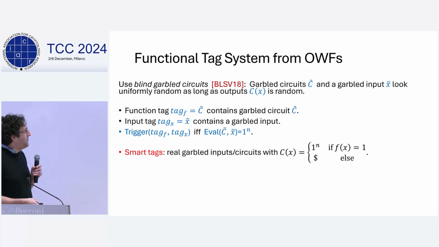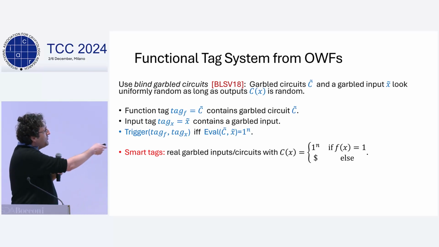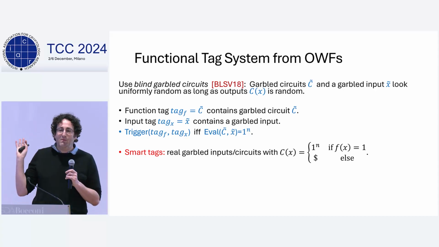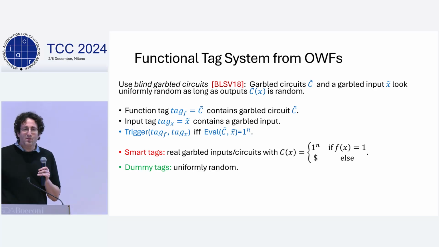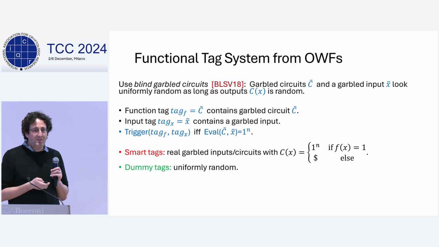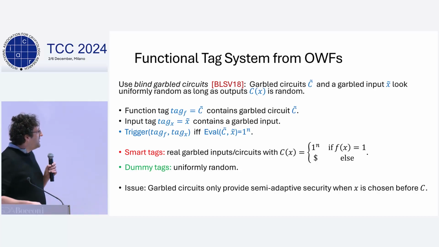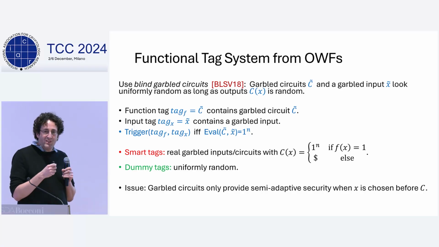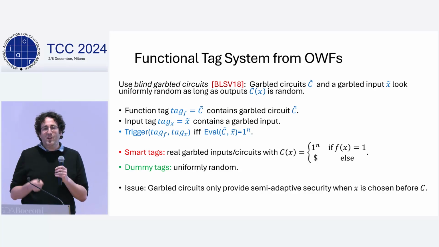Now, the smart tags will be real garbled inputs and garbled circuits, where the circuit outputs 1 to the n if f of x is equal to 1, and otherwise just outputs some random value. And the dummy tags are just going to be uniformly random bits. And so essentially, the blind garbled circuit security ensures that if you only see garbled circuits and garbled inputs for values where f of x is equal to 0, so these circuits output randomness, they just look like random values altogether.